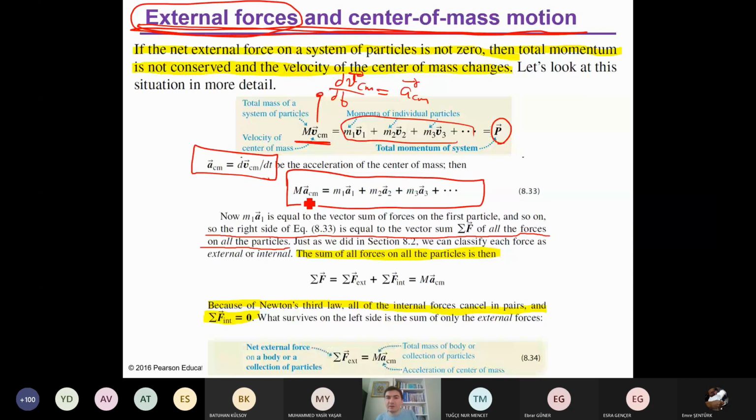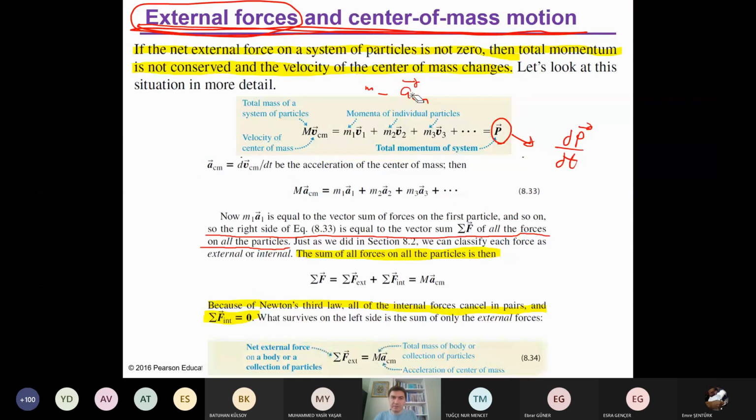So what about this one? If you take the time derivative of this momentum, let me do it like this. It is much better to understand, because with this method it looks very dirty. I will use a better representation here.